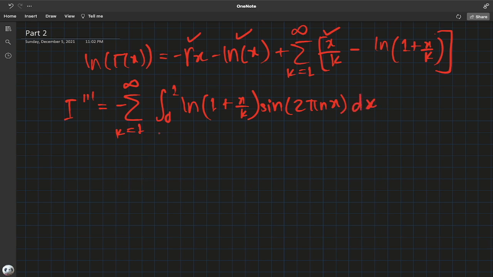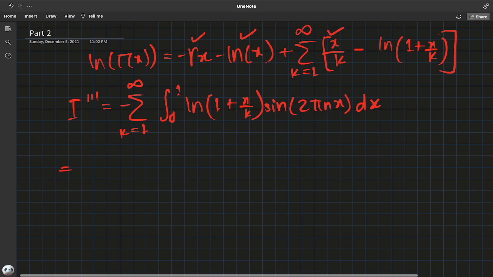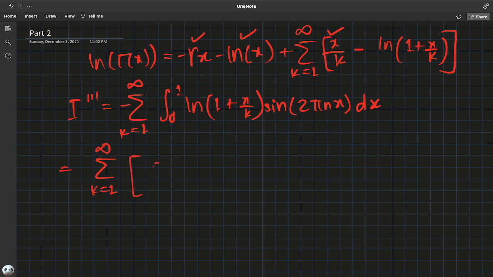dx. Okay, now again, integration by parts is the mantra today. Sum from k equals 1 to infinity. Notice the ubiquitous cosines over 2 pi n. Natural log is untouched for now.